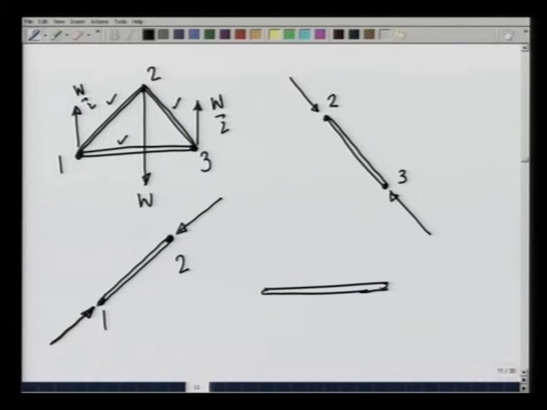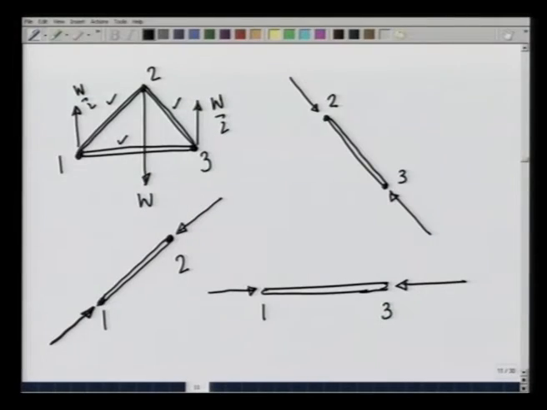again the rod 1 3 is in equilibrium. So, the forces at 1 and 3 have to be collinear, because if a body is in equilibrium under two forces, they have to be collinear. So, now we know the force directions. Let us analyze this further.